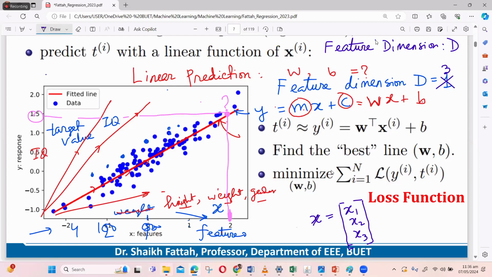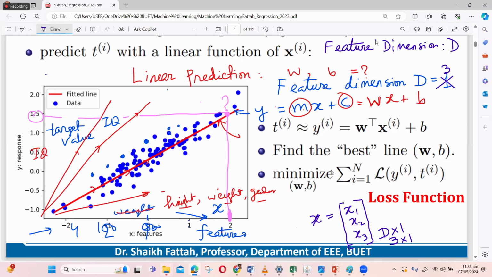That means this x will be a vector. The size will be dimension cross 1, that means here 3 cross 1. Three values. So 3 cross 1, x.